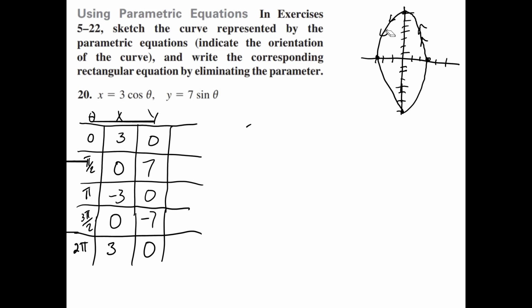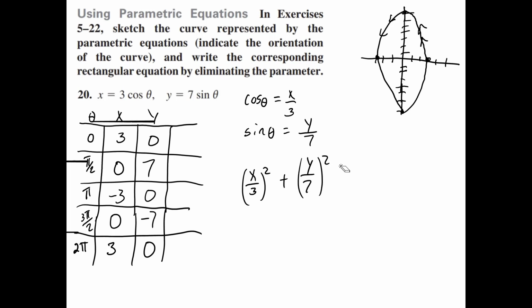To see that this is an ellipse, again, the cosine of theta is x over 3. And the sine of theta is y over 7. And the cosine squared, x over 3 squared, plus the sine squared, y over 7 squared equals 1.